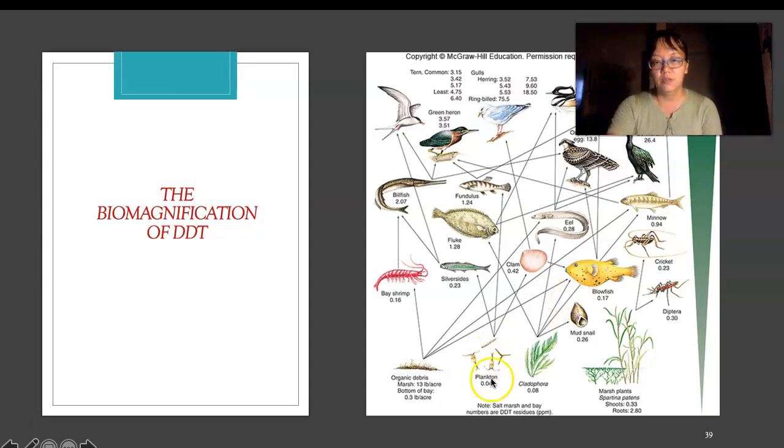Compare the concentration in the producer and the highest consumer here. The concentration increased almost 200-fold. This is my testing point. I'm going to show you something in the exam, and I'm going to ask you what is bioaccumulation, biomagnification, and how many folds of increase.